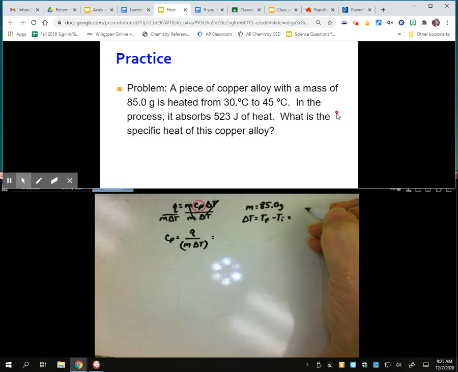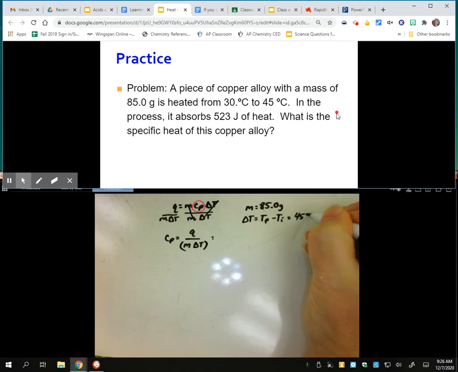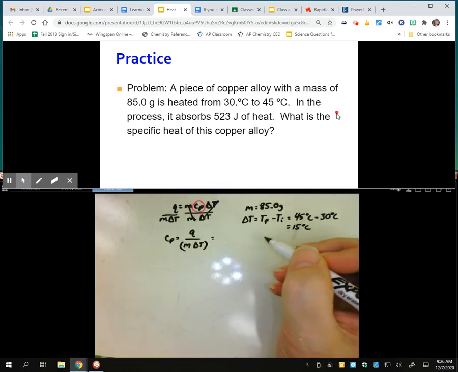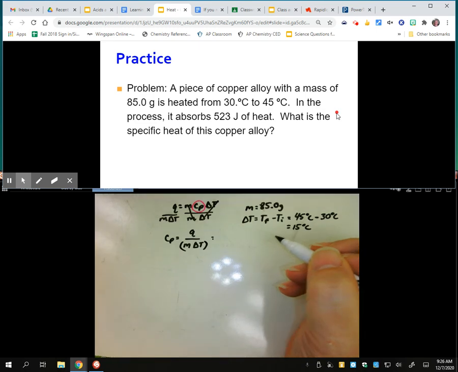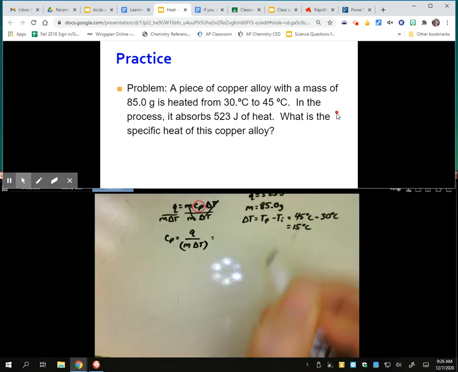And so I ended up at 45, so 45 minus my initial temperature, which was 30. That's where I started. And so that gives me a difference of 15 degrees C. And then I have 523 joules of heat. Heat is Q. So this is 523 joules.